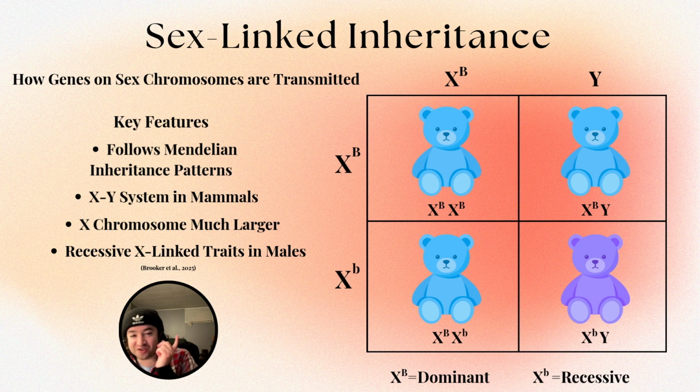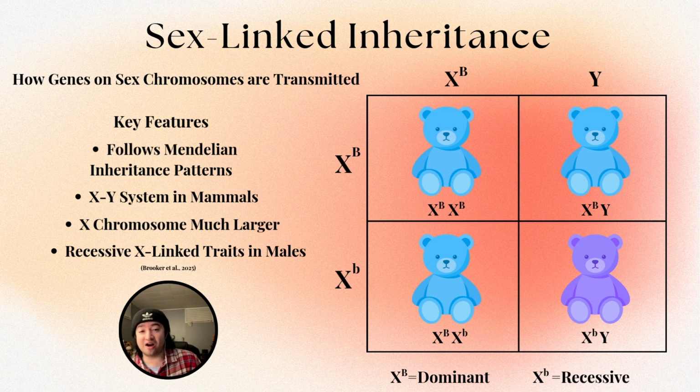So this Punnett square that I made is an example of sex-linked inheritance. In bears, where fur color is a sex-linked trait, the dominant trait with a capital B is blue colored fur, and the recessive trait is purple colored fur with a lowercase b.